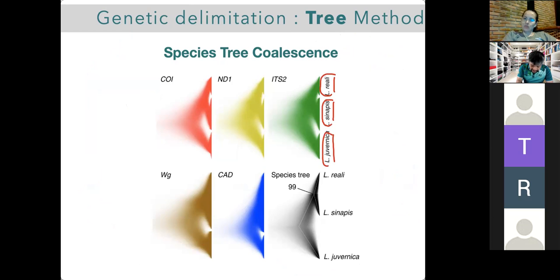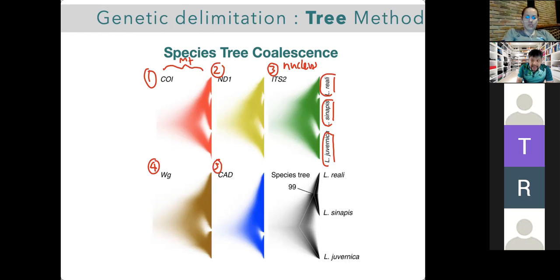Then you look at 5 different genes, like CO1 and ND1. The first 2 are mitochondrial, and the third one, ITS2, plus BG and CAD, are nuclear. You look at the branching pattern of all these markers. In the big picture, you can see that 3 of them split like that, but these 2 show only 2 splits.